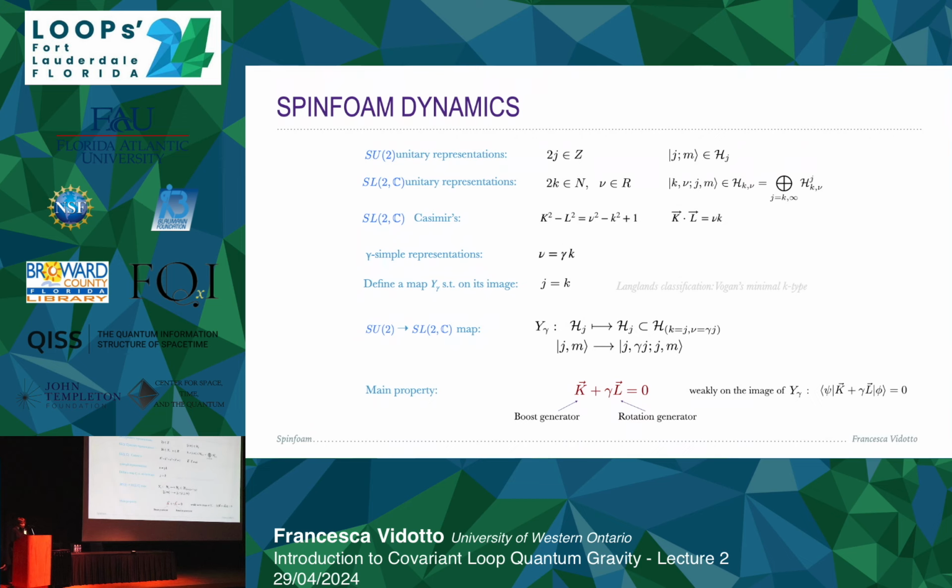That means that the simplicity constraints is verified element by element in my big matrix. So each matrix element satisfies the simplicity constraint, but is not somehow implemented globally. So this is what the expression that you see here is telling.